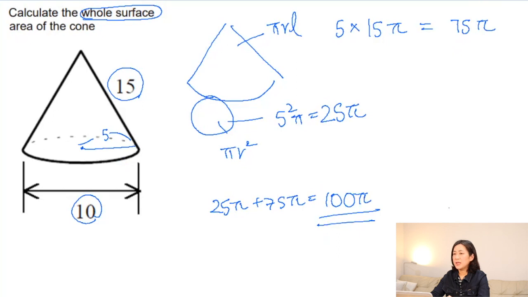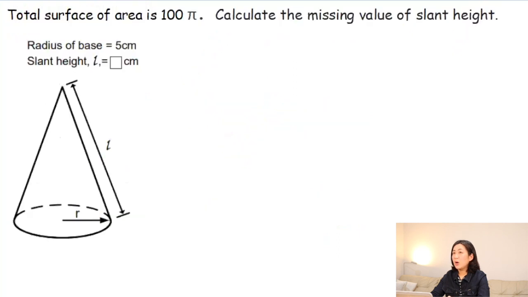So have a look at this one. It gives you a total surface area that is 100 pi. Then calculate the missing value. So the missing value is the slant height, right? Now we know that the radius is 5. Let's write down 5.